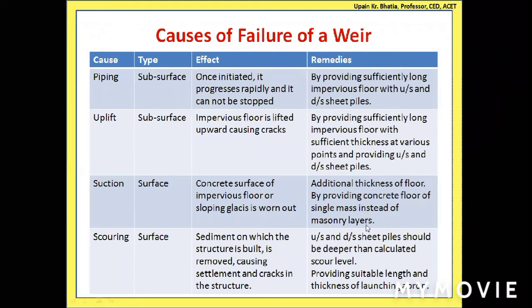If the floor is provided in the form of masonry layers, the different layers have different strength. Their strength will not be uniform throughout, so different layers can be removed easily, suction will be more effective, and that floor will be damaged very soon. So instead of providing masonry layers, we can provide a single concrete floor as a single mass. These are the remedies for preventing failure due to suction.